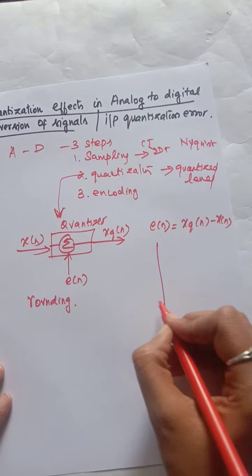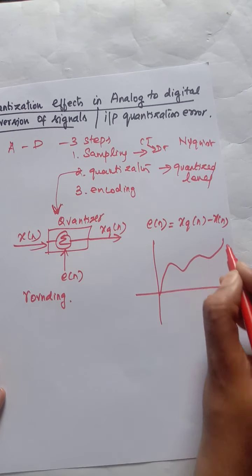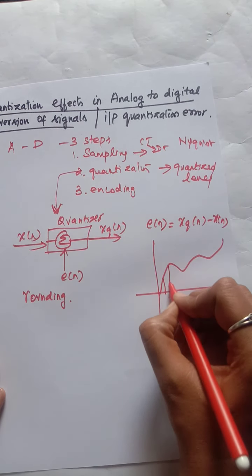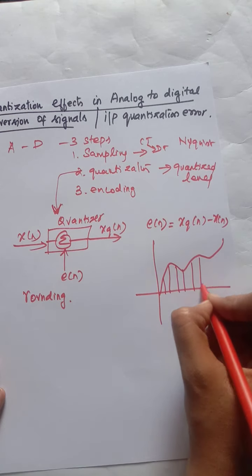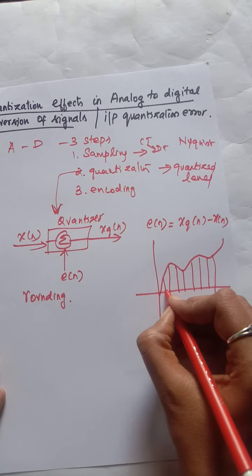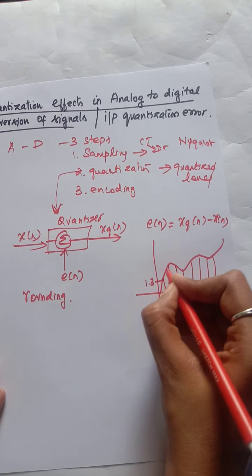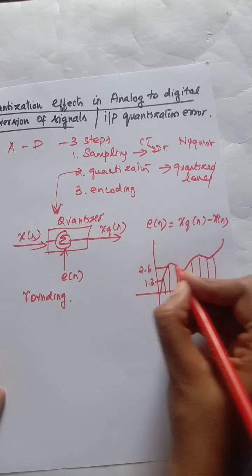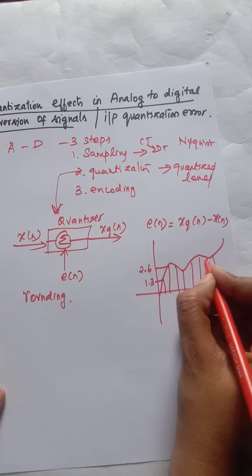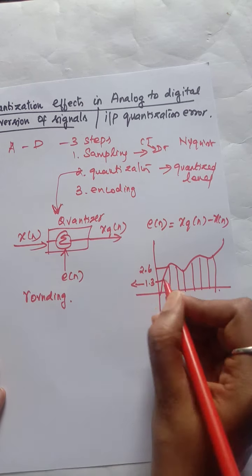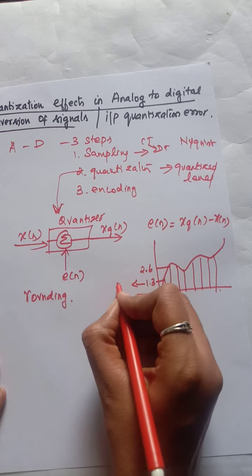So consider this is your input signal. I am going to sample this signal at particular time instances at a certain rate. After sampling I will get these samples. Now consider here it is 1.4, here it is 2.6, and like that you will have different values. So I will perform quantization by rounding it.